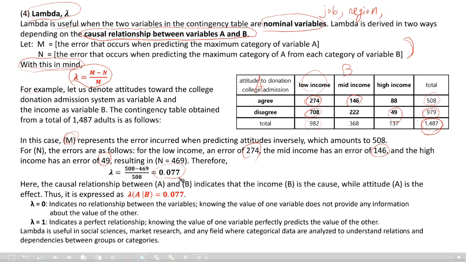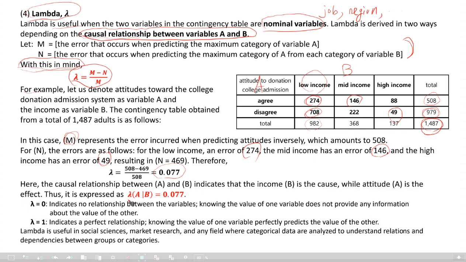Lambda is 0.077. Understand that? Here the causal relationship between A and B indicates that income is the cause, while attitude A is the effect, right?